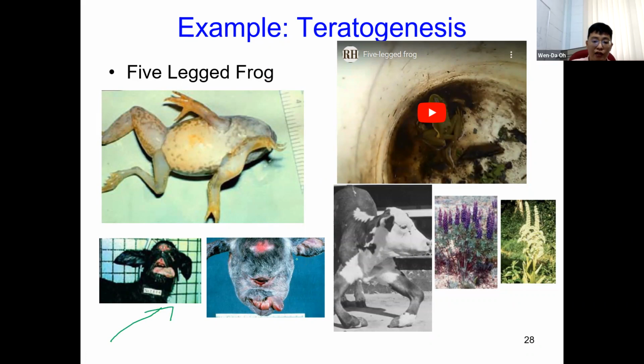This is what we call a cyclops effect, which comes from exposure to certain teratogens. Sometimes it's because of herbicides, right? You can see this is, I think, a goat with only one eye. These are things that can happen when exposed to teratogens, right?